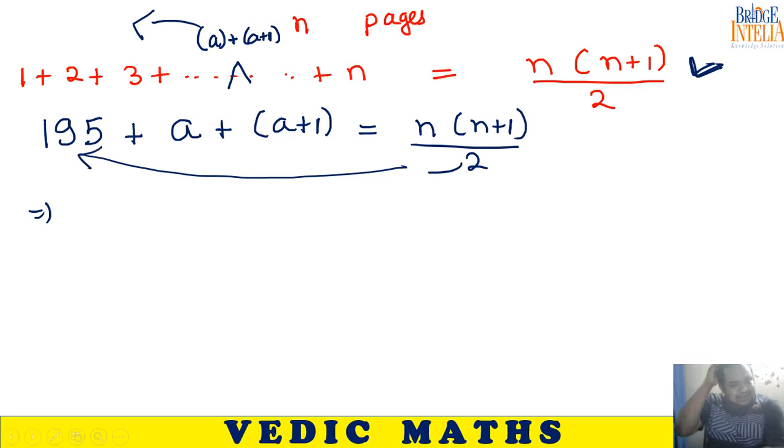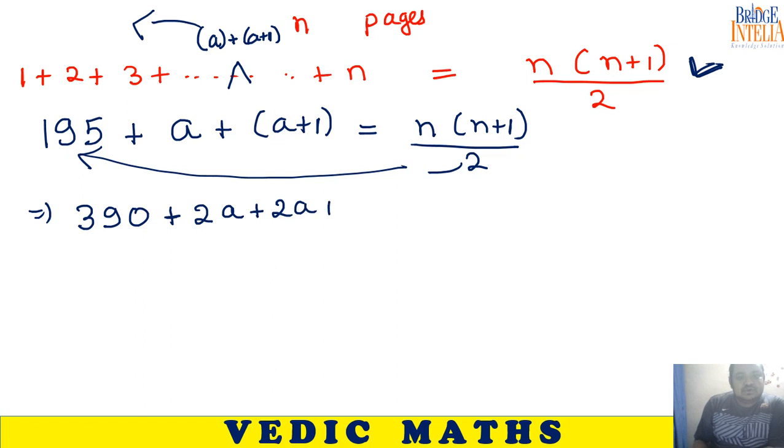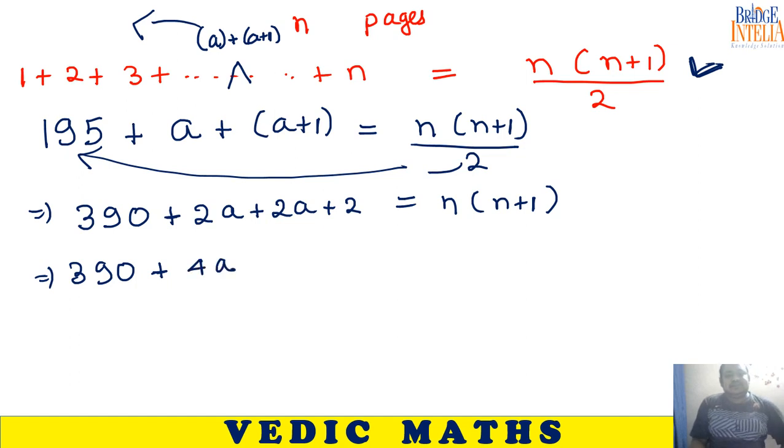So 195 multiplied by 2, 390. 390 plus 2a plus 2a plus 2 is equal to n into n plus 1. So from here, 390 plus 4a, or you can say this 2 will go and get added here, 392 plus 4a is equal to n into n plus 1.